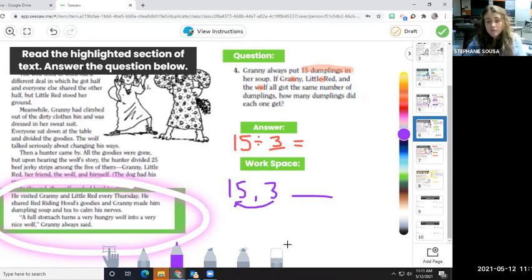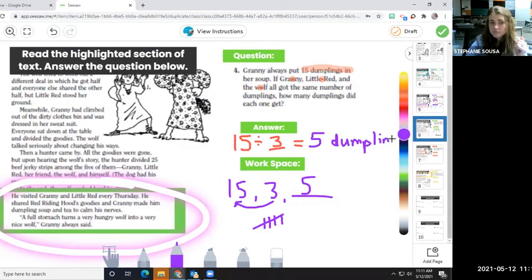So let's do that. 3, 6, 9, 12, 15, 5 times. Okay? So I know that 15, 3, and 5 are in a fact family. So each person gets 5 dumplings.